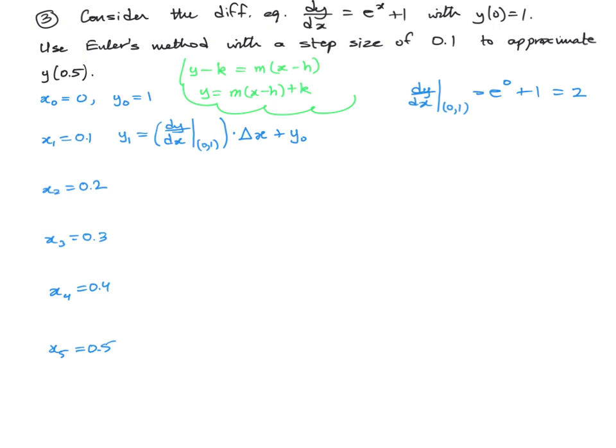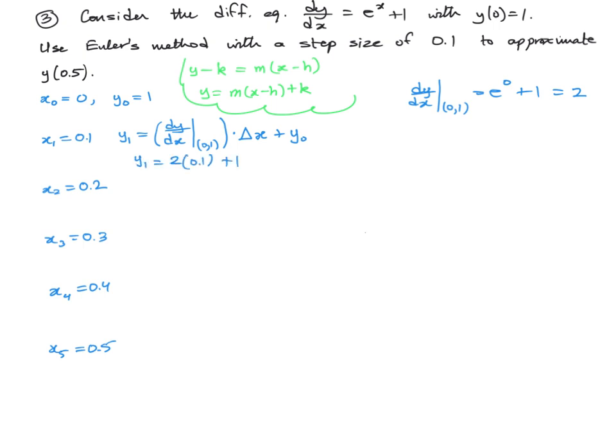Now the k, the y coordinate of the point, is going to move the graph up by whatever it might be, and the x minus h is the change in x. So the x minus h here is becoming the delta x, which took us from x0 equals 0 to x1 equals 0.1. That delta x, the slope is the value we found from the derivative, and the k was the old y coordinate. So this is just y equals slope times x minus h plus k.